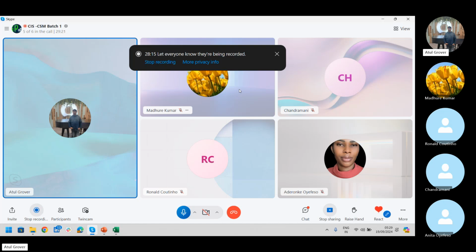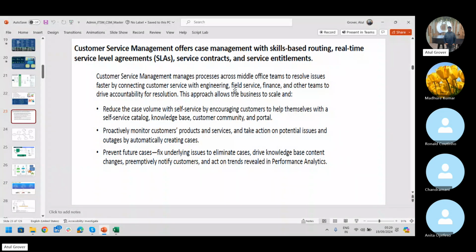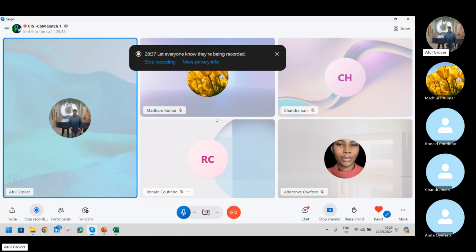And if you're facing some issue, they say, sir, an engineer will come and check your router. That is what field service says. And this approach helps to reduce the case volume with self-service. As an example, when I purchased an iPhone for the first time, I was not aware how to shut down or switch off the iPhone.